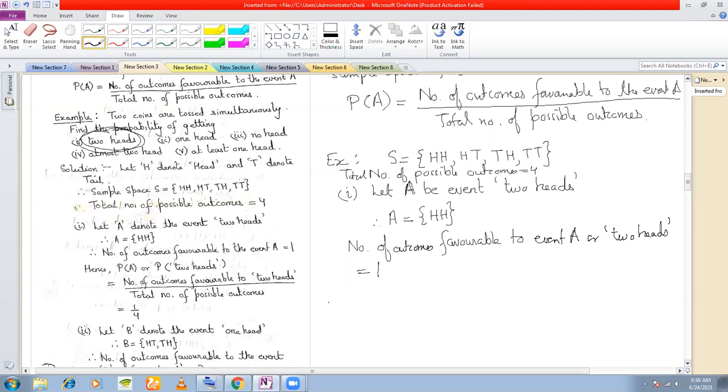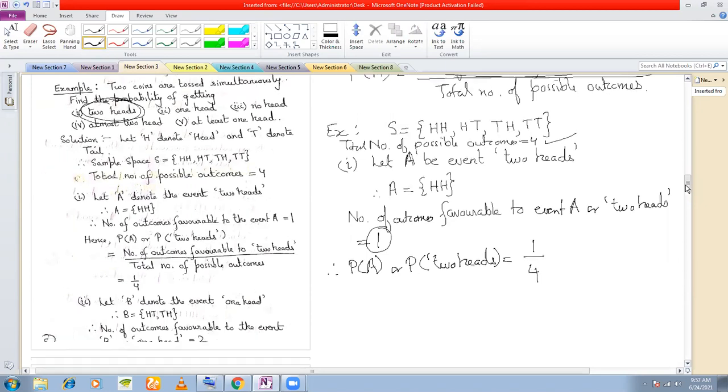Only one. So we write the probability of the event A, P(A), or we can also write it in this manner, P(two heads), is equal to, what is the formula? The numerator is the number of outcomes favorable to the event A. How many outcomes are favorable to the event A? One. And how many total possible outcomes? It is 4. So 1 by 4 is the probability.